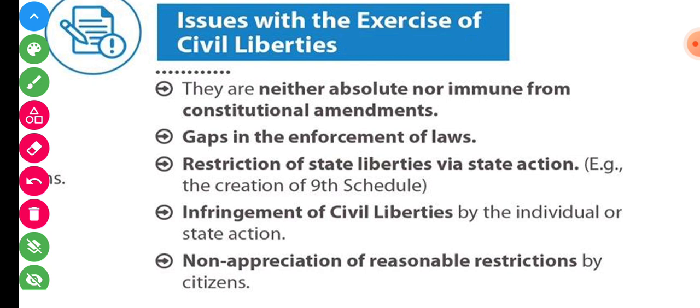And there are gaps in the enforcement of laws and restriction of liberties via state action. For example, the creation of the ninth schedule, which is not immune from judicial review, and infringement of civil liberties.